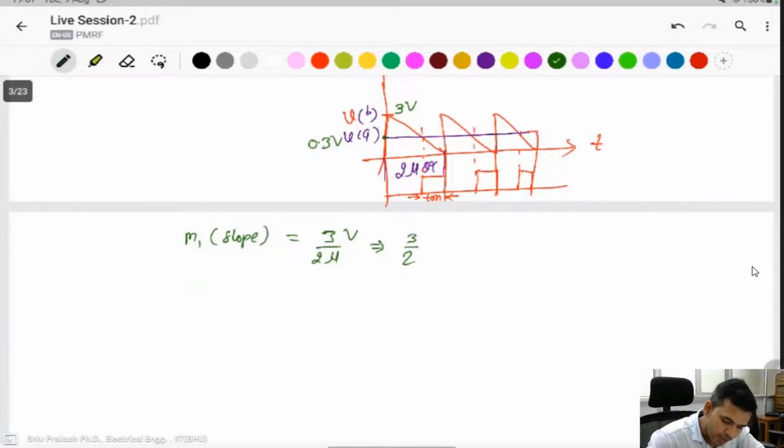The time for which the signal goes beyond 0.3 volt is the on time.